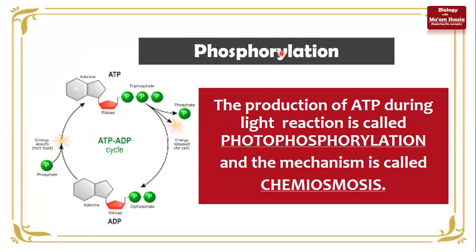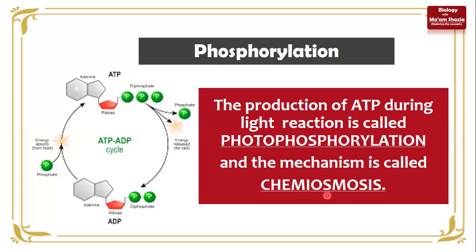So basically, we are going to discuss a term called photophosphorylation, meaning the production of ATP in the presence of light. So the production of ATP during light reaction is called photophosphorylation, and the mechanism is called chemiosmosis.